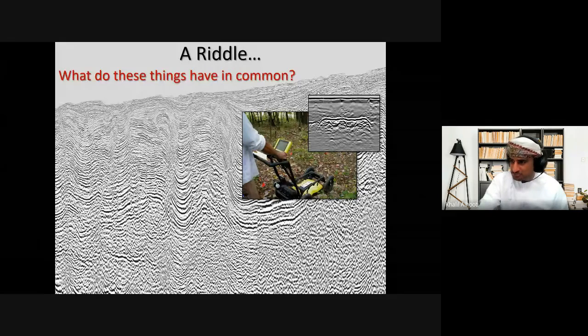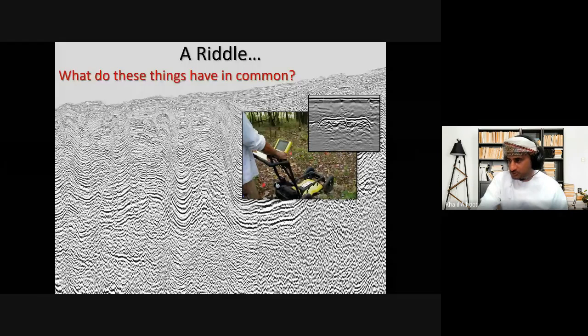The small inset figure you see is called a GPR section or GPR image. There is a great similarity between this small inset figure and the large background figure behind.